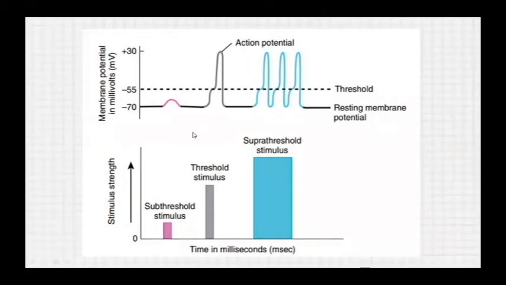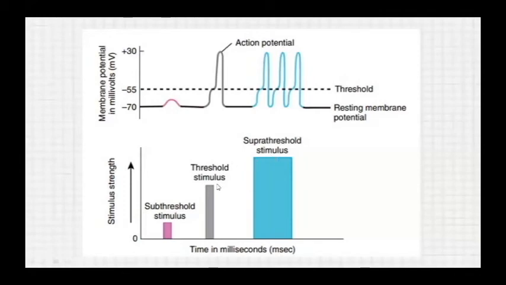In sub-threshold stimulus, you could see that it depolarizes only a little amount, only around negative 60 millivolts from negative 70, while threshold stimulus, which is the requirement to produce an action potential, has reached about 30 millivolts, and suprathreshold stimulus has produced about 3 action potentials, because going back to its definition, suprathreshold stimuli are above the threshold stimulus, which is capable of producing several action potentials.